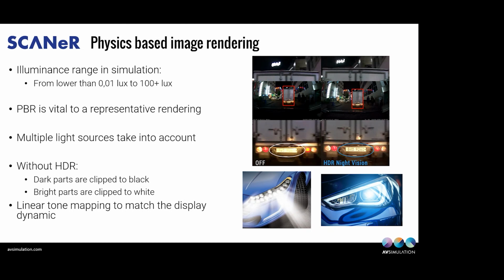Through this physics-based image rendering, we're able to show an illuminance range into the simulation from 0.1 lux to 100 plus lux. And the physics-based rendering is vital to such rendering, because this is the most accurate one.